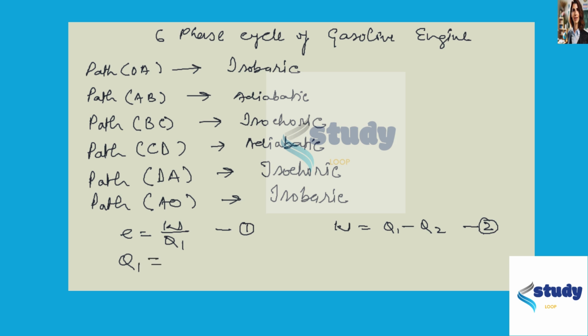Q1 is equal to nCv at constant volume times the temperature difference TC minus TB, so take it as equation 3. Q2 is equal to nCv times TD minus TA. So this is equation 4.